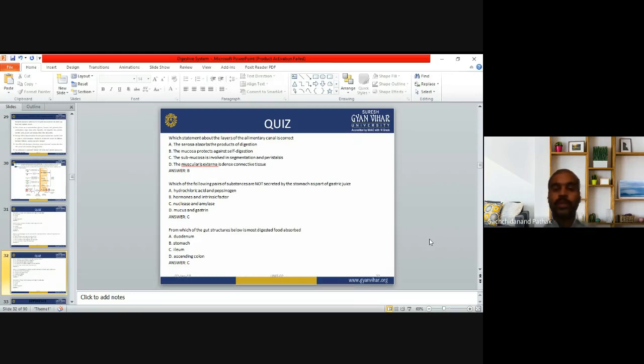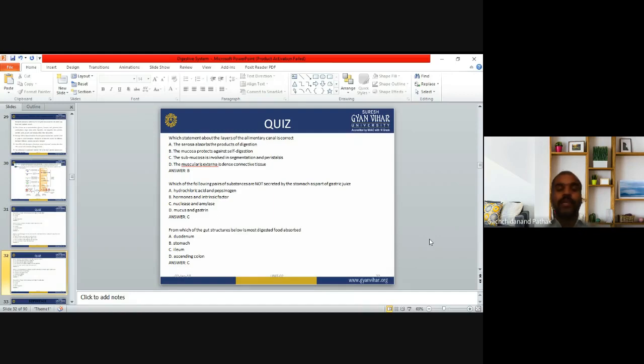But the question is, where is most digested food absorbed? B is the stomach, which acts as a reservoir, mixing the food with the gastric juices. See, there is the duodenum, jejunum, and ileum. The ileum is part of the small intestine, and the maximum absorption happens in the ileum.